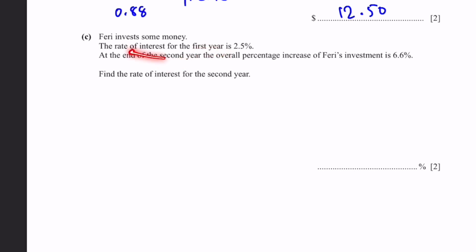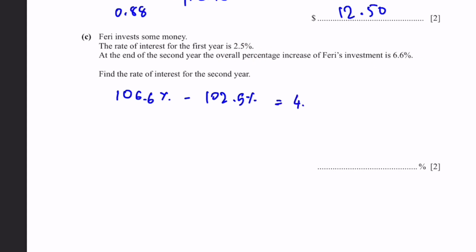So the rate of interest means an increase, which is 100 plus the two values here. So to find the difference, we need to find 106.6% minus 102.5%. Because we add 100 with these two percentage values and then subtract.